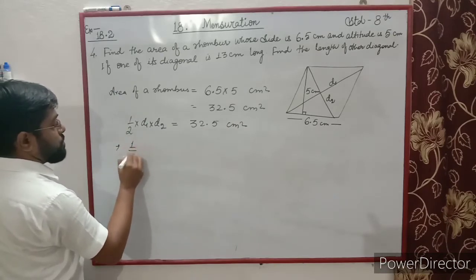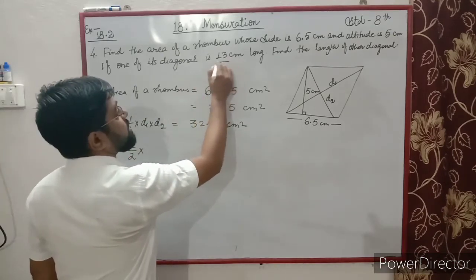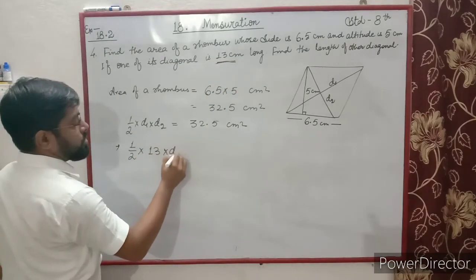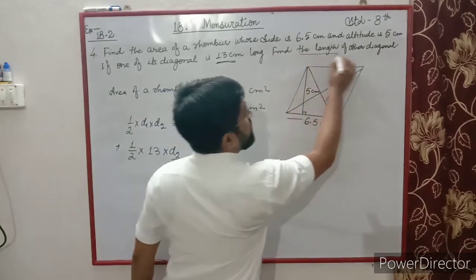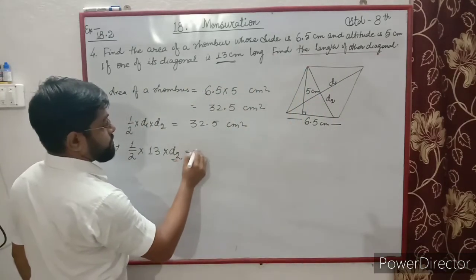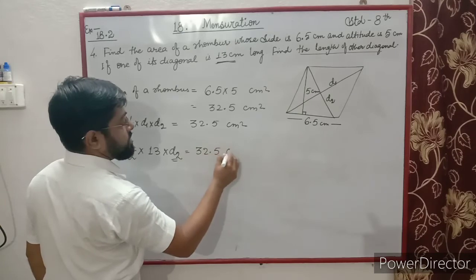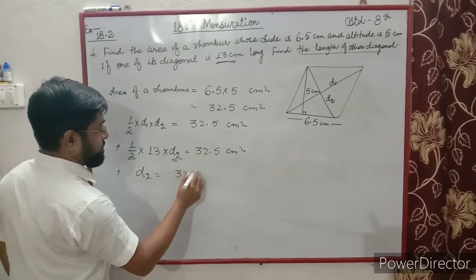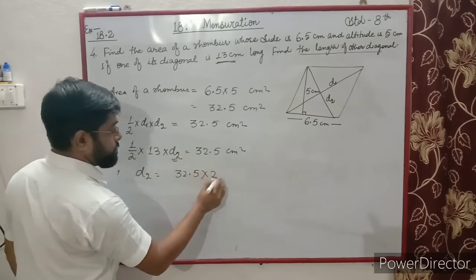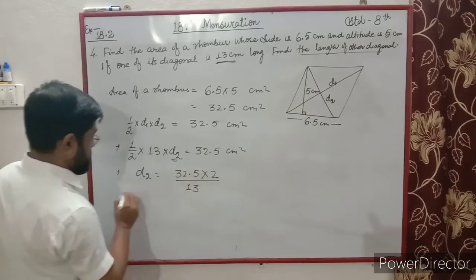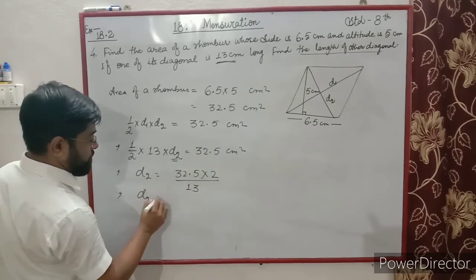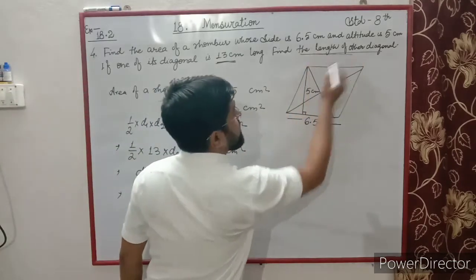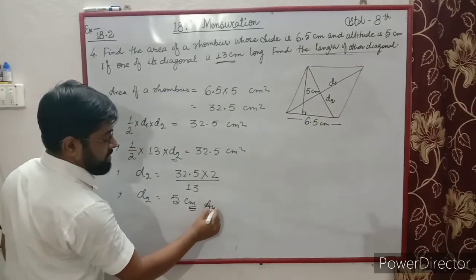Now 1 by 2, one diagonal is given 13 centimeter, so we can write here 13 into d2. We have to find the length of other diagonal d2, so 32.5 centimeter square. Now d2 is equal to 32.5 multiplied by 2 and divided by 13. So after simplification we have 5 centimeter. So the length of other diagonal is 5 centimeter. That is answer.